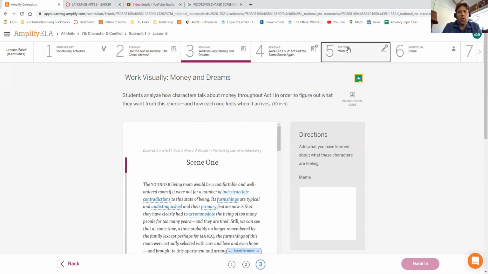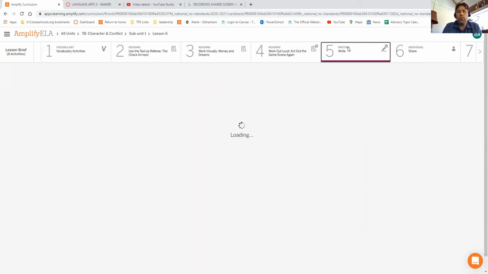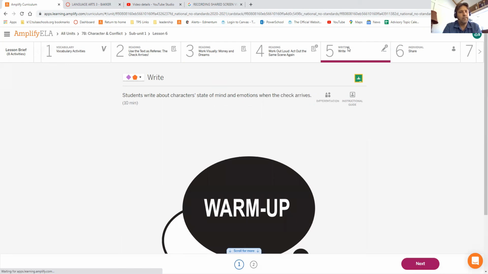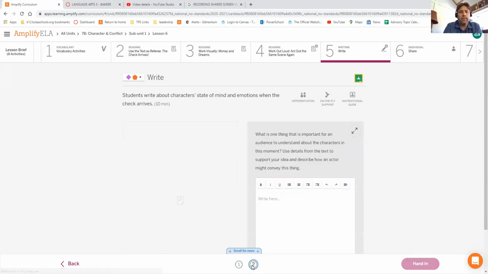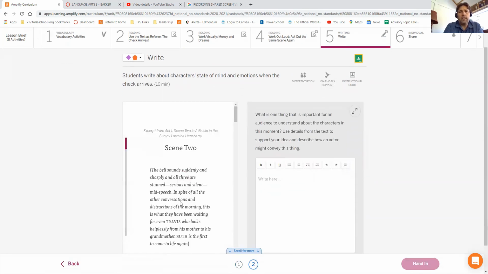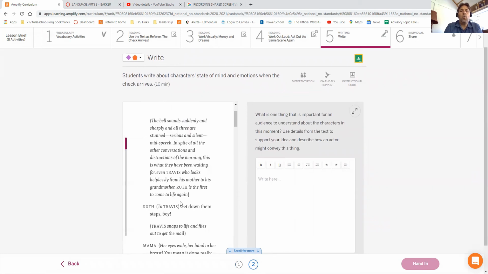Then we're going to go to card number 5. I would love to do card number 4 where we all act these things out. Alas, this is not the year for that. So the writing assignment is 120 words, specifically talking about what is one thing that is important for an audience to understand about the characters in this moment.